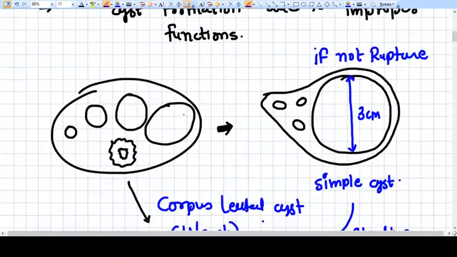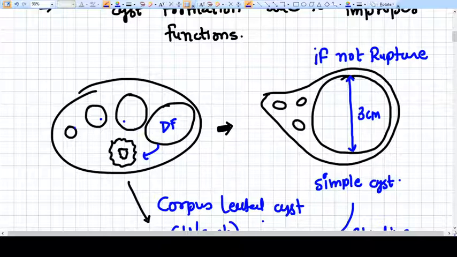The ovary here in reproductive age group, one follicle becomes larger and becomes a dominant follicle, and then it ruptures and becomes corpus luteum. So every month this process is going on.